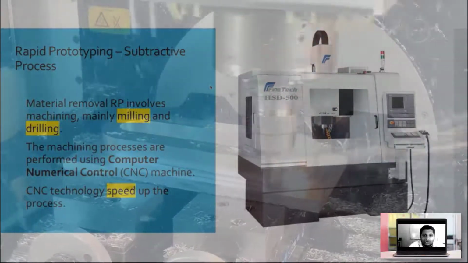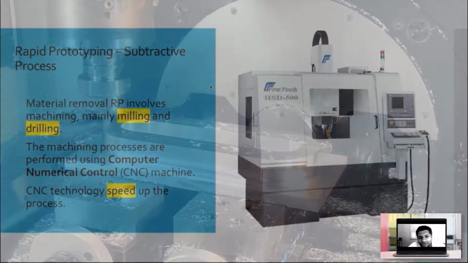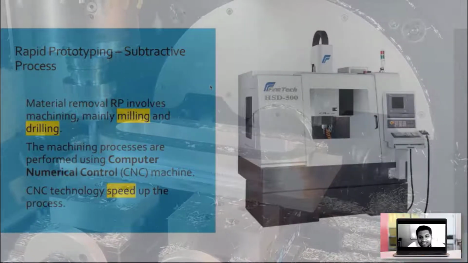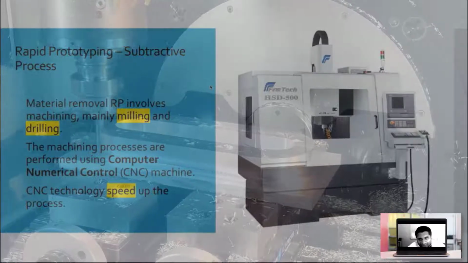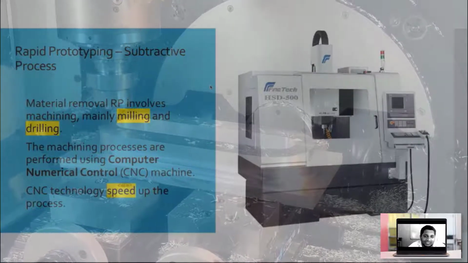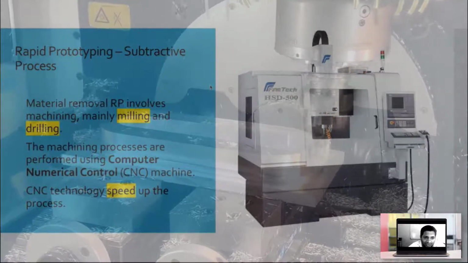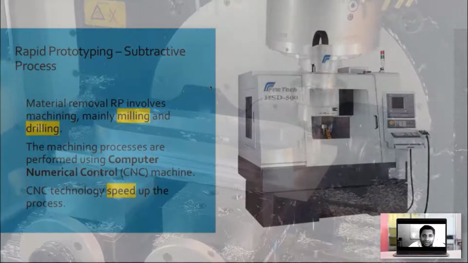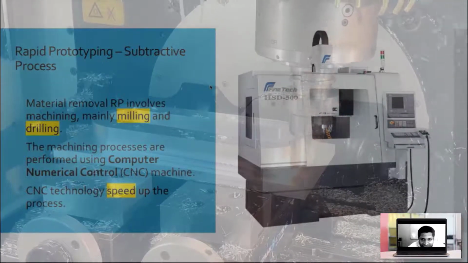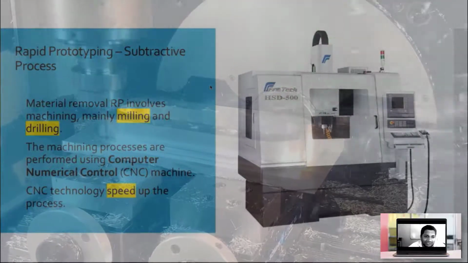Usually all the milling and machining processes remove material from a large piece, and the finished product has a solid composition. This is how subtractive rapid prototyping can be carried out. Do remember that whether I do milling, grinding or drilling, it is all computer numeric control, CNC based.